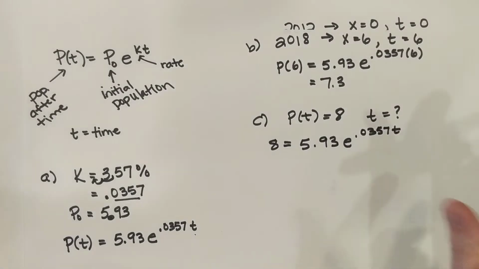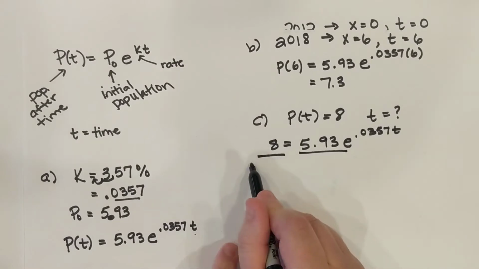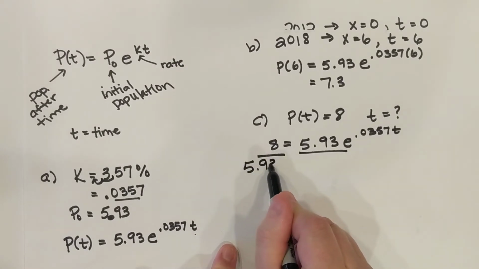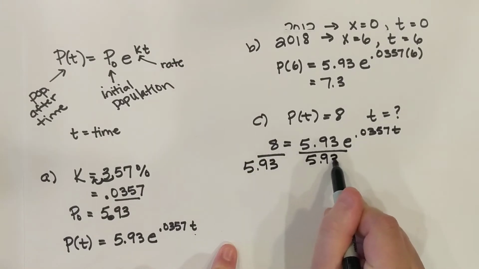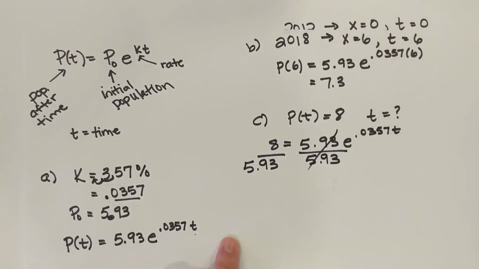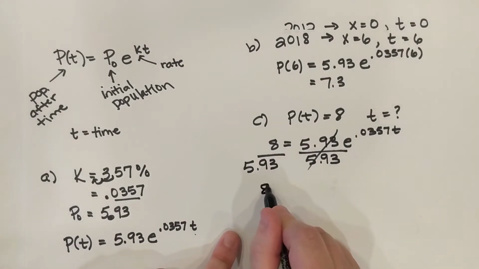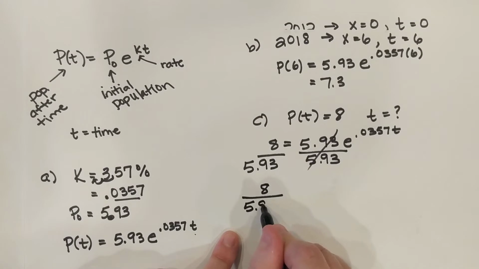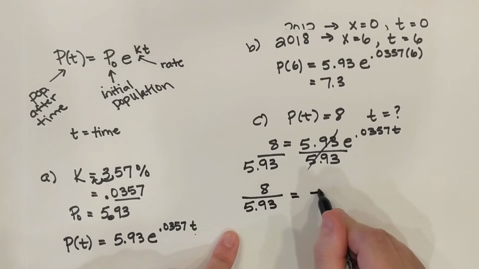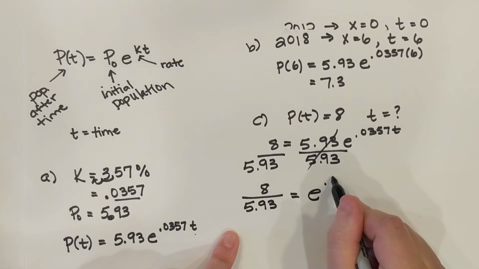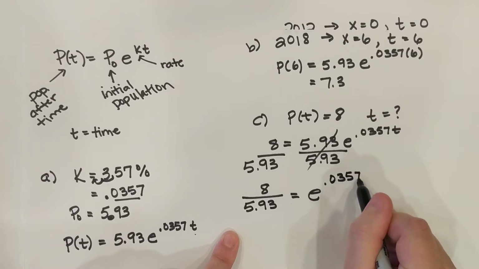All right, so I just do this manually, divide both sides by 5.93 in order to cancel that out. So I have 8 divided by 5.93 equals e to the power 0.0357t.